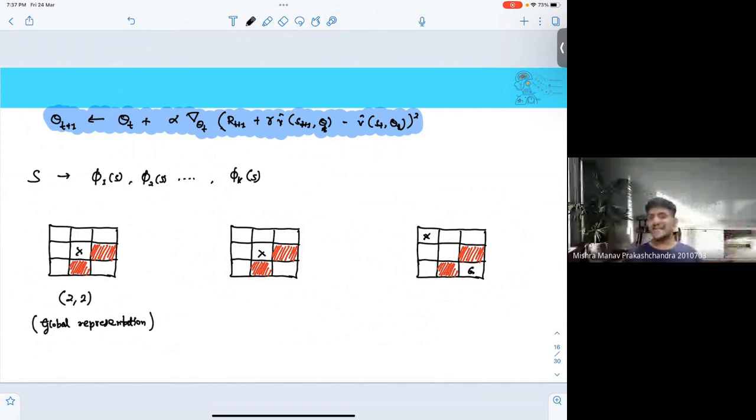Secondly, there can also be some sort of an egocentric representation. That means the agent won't necessarily have the global knowledge, but based on the surrounding sensory knowledge, it can take actions accordingly. So let's say for the four neighboring walls in the four directions, north, east, south, west, if there's an obstacle on the north, I put one, otherwise zero.